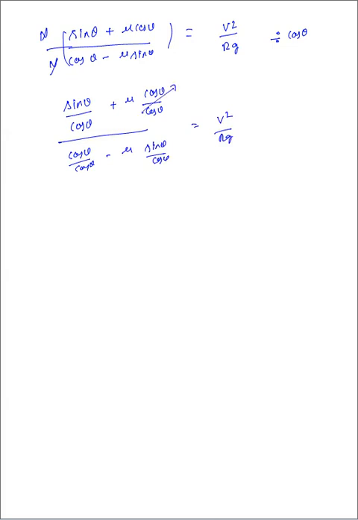Cos theta by cos theta is 1. Sin theta by cos theta is nothing but tan theta. Therefore, tan theta plus mu divided by 1 minus mu tan theta is equal to v square by rg.